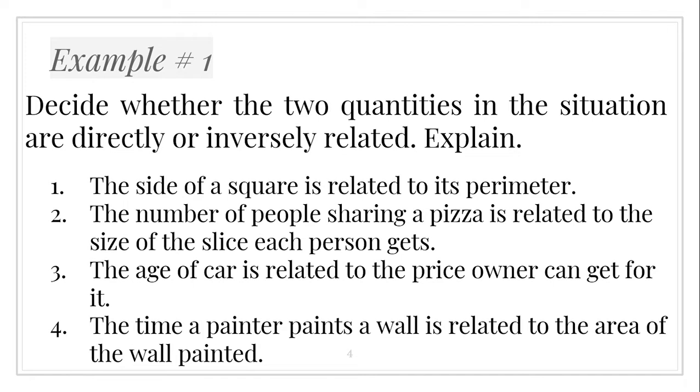First is the side of the square is related to its perimeter. Number two is the number of people sharing a pizza is related to the size of the slice each person gets. Number three is the age of a used car is related to the price the owner can get for it. And number four is the time a painter paints a wall is related to the area of the wall painted.